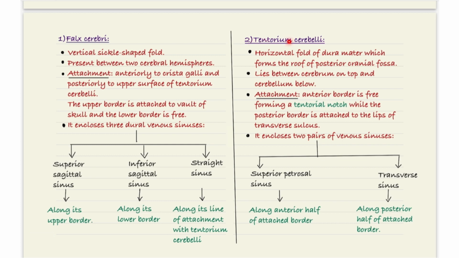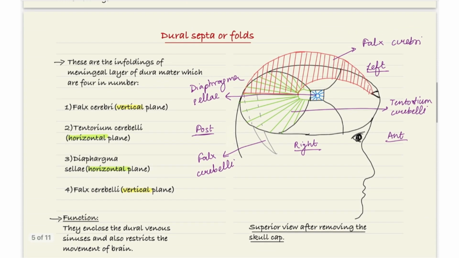Second, the tentorium cerebelli. Horizontal fold of dura mater which forms the roof of posterior cranial fossa. In this diagram, this is the anterior cranial fossa. The middle part is the middle cranial fossa and this posterior part is the posterior cranial fossa.